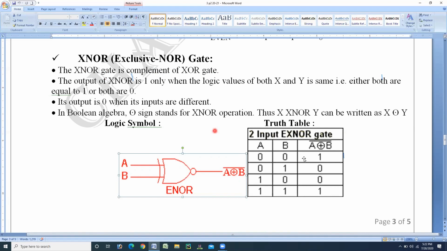When you observe the truth table, this is the complement of XOR. For the exclusive NOR gate, if both the inputs are the same, then the output will be 1. Either both may be 0 or both may be 1, then the output will be 1, otherwise 0.